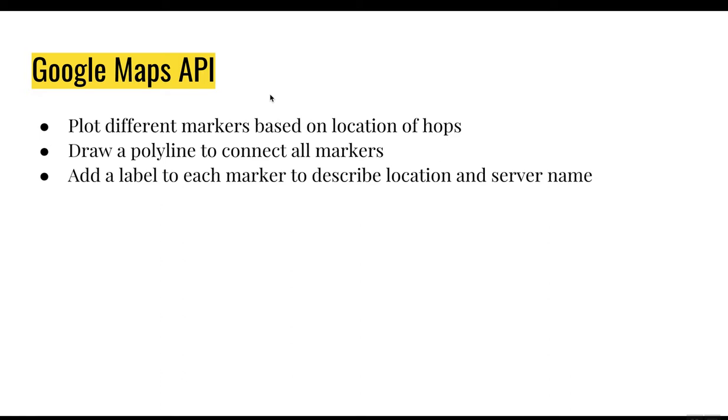Another API that I use is the Google Maps API. I wanted to use this API to plot the different hops and use a polyline to connect all the markers. I also added a label to each marker, and those labels specify the exact location, the longitude and latitude, and the server name, so where it came from.